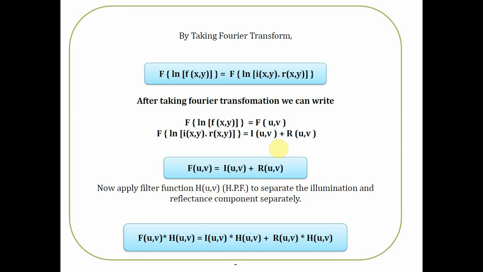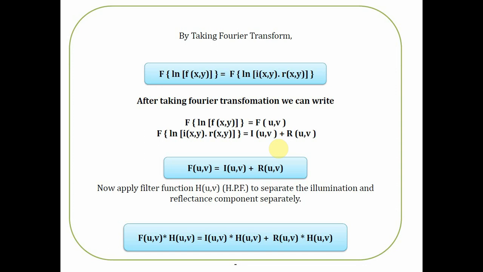Now, we want to normalize the brightness and increase the contrast in the image. That is the application that we want to have using homomorphic filtering. We have seen in high pass filtering that we use a high pass filtering mask where the sum of the coefficients should always be 0.